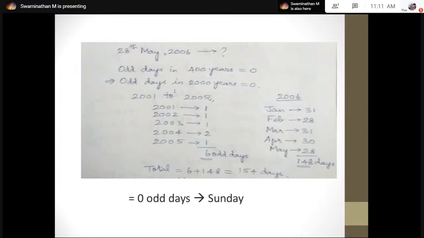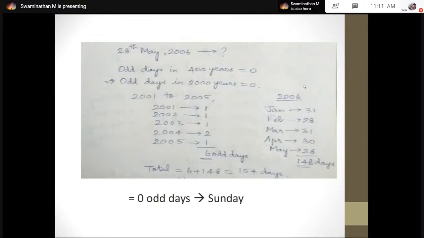So I have to calculate the odd days from 2001 to 2005. 2001 one odd day, 2002 one odd day, 2003 one odd day, because they are ordinary years. 2004 is a leap year, so two odd days. 2005 one odd day. So from 2001 to 2005, we have 6 odd days.